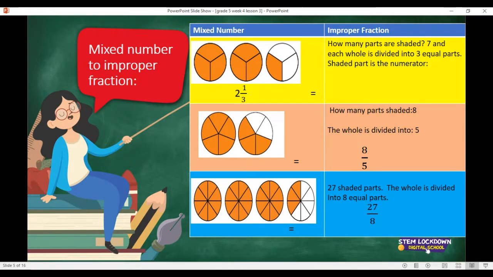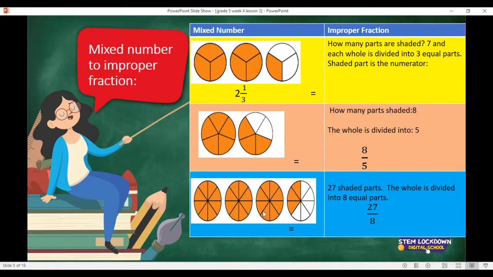We look at one whole and check how many pieces it is divided into. It's divided into 1, 2, 3, 4, 5, 6, 7, 8. So it is cut into 8. That becomes our denominator, our bottom number.